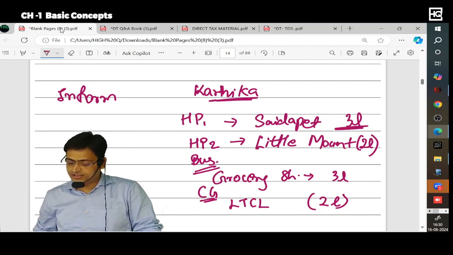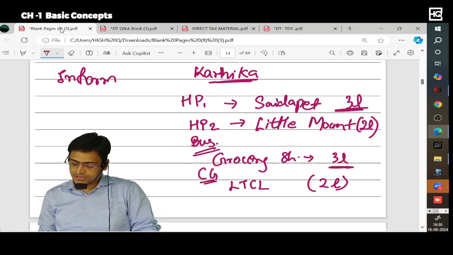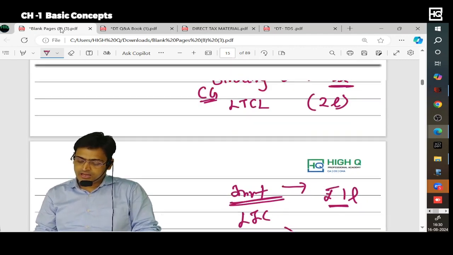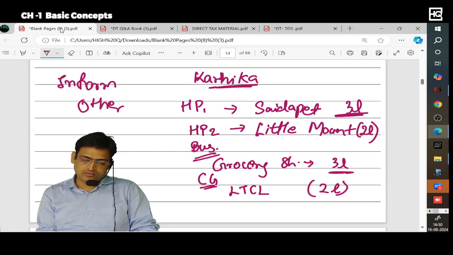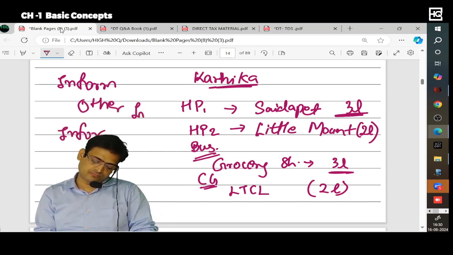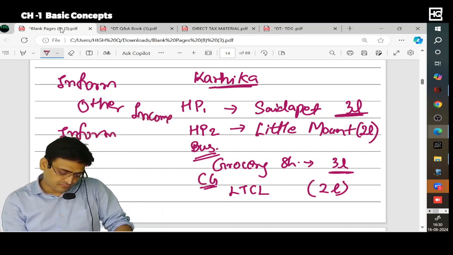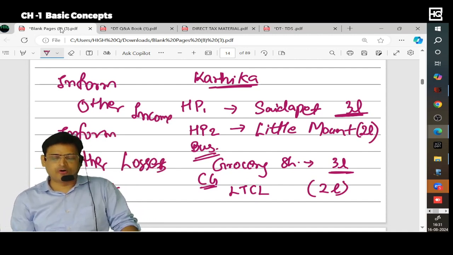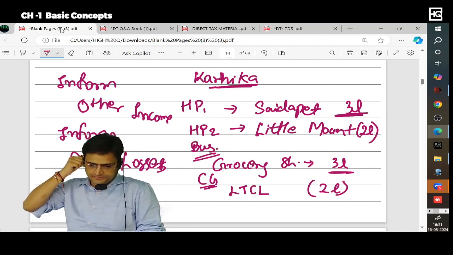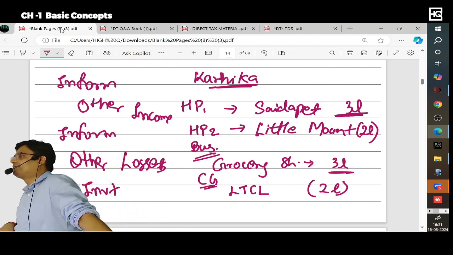See, these are other incomes. Number 1. Can she inform her other losses? And can she inform her investments? Did you understand these 3 situations first of all?